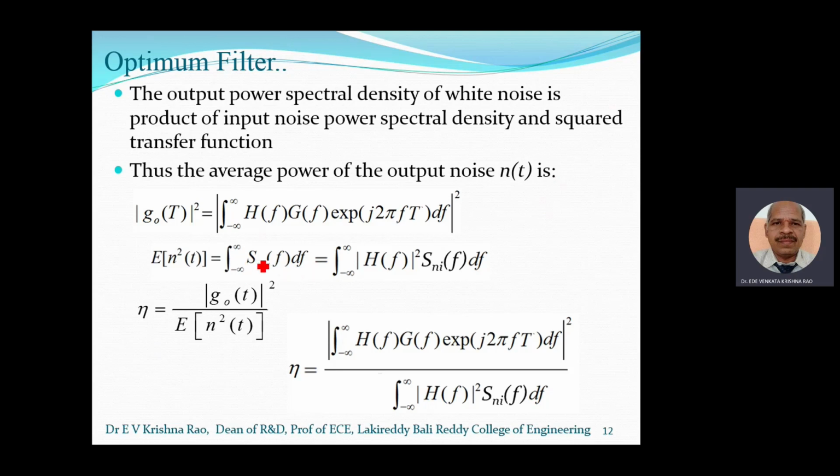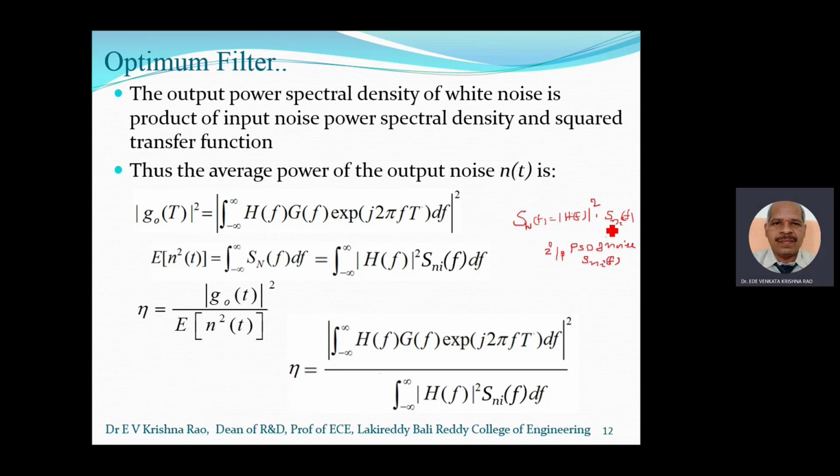Sn of f is the squared magnitude of the transfer function multiplied with the input noise power spectral density, Sni of f.